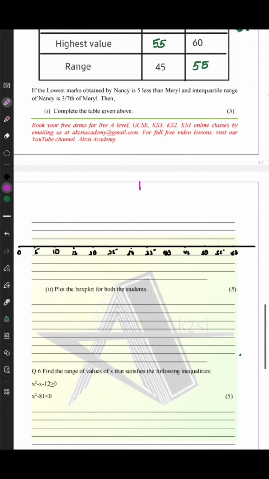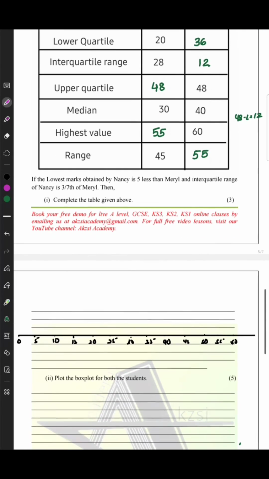So we know box plots look like this. This represents the minimum value, this represents the maximum value, this represents the lower quartile, this represents the median, and this represents the upper quartile. So I'm representing the same five data points here. The lowest value is 10, so I'm drawing 10 here. Highest value is 55, so I'm drawing 55 here.